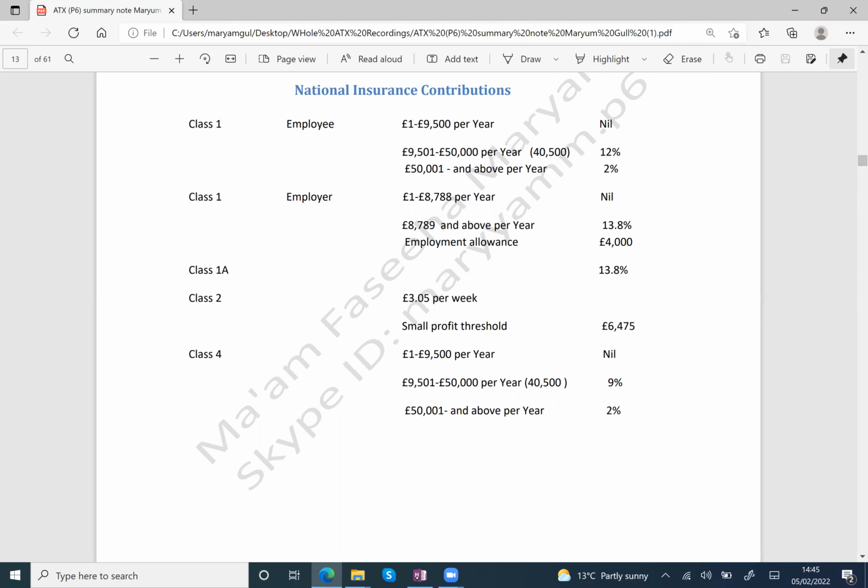And class 4: if your trading profits are 1 to 9500 pounds, the rate is 0%. 9501 to 50,000 pounds, 9% rate. The same band difference is 40,500. And if your trading profit is 50,001 to infinite, then the rate is 2%.